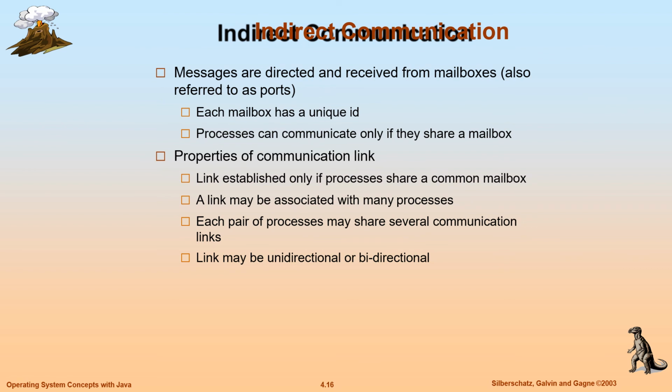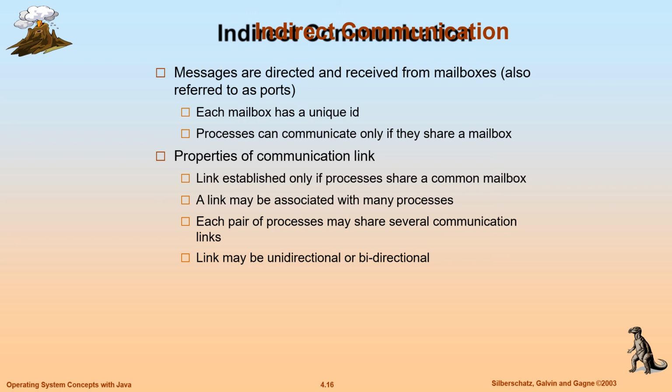What comes next is indirect communication. Messages are directed to and received from mailboxes. Here, mailboxes are created. So sender and receiver will not contact each other directly. Via mailboxes, they communicate. Each mailbox has a unique ID.